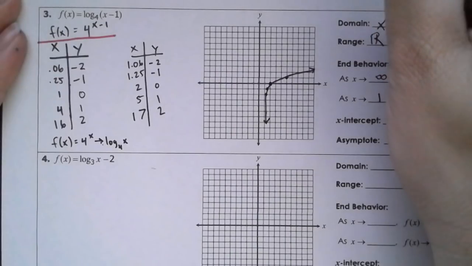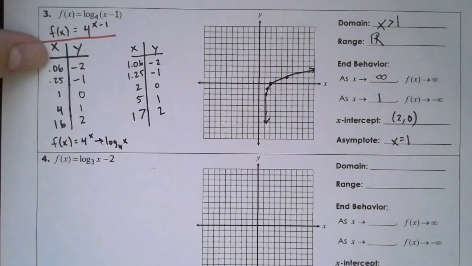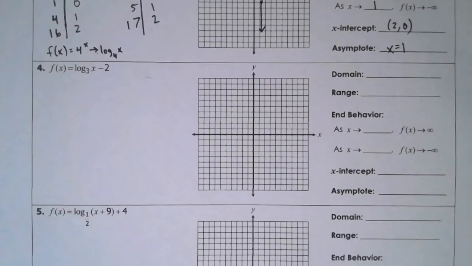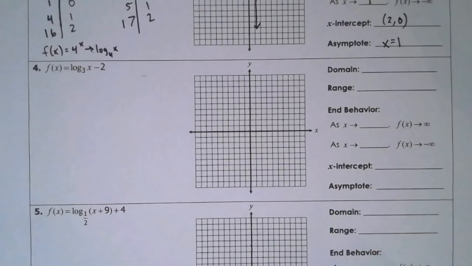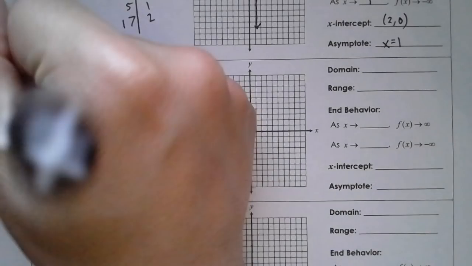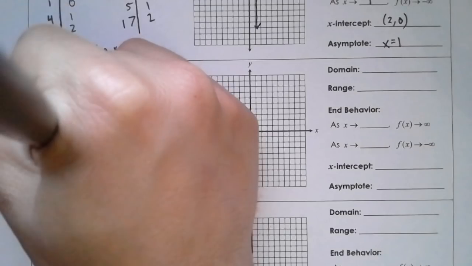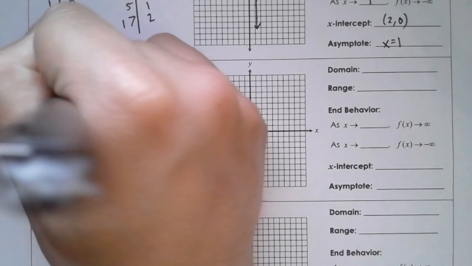For number 4, I'm going to go ahead and plot that second table already, similar to the previous example. So it's the inverse table of the parent exponential function of this one here.